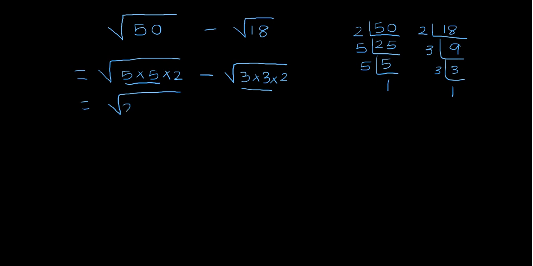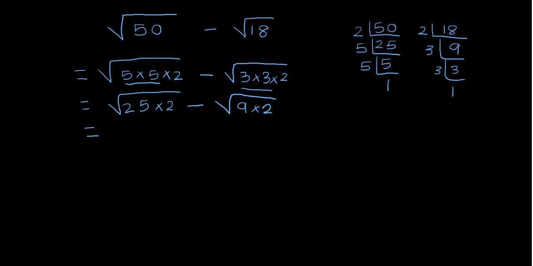Now those of you who can just jump to this step straight away, you don't have to do the first 2 steps, but it helps you if you're not 100% certain.